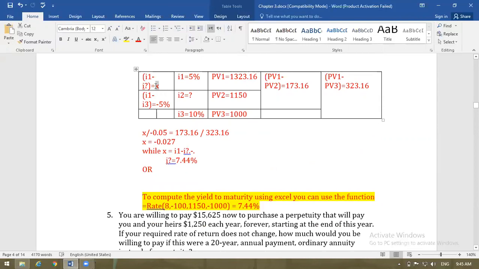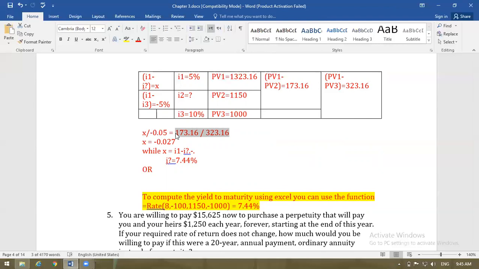This x will be divided by this difference. The first difference will be divided by the second difference as mentioned below. Similarly here, the first difference will be divided by the second difference as given here. By rearranging, we can easily find out x is equal to minus 0.027.